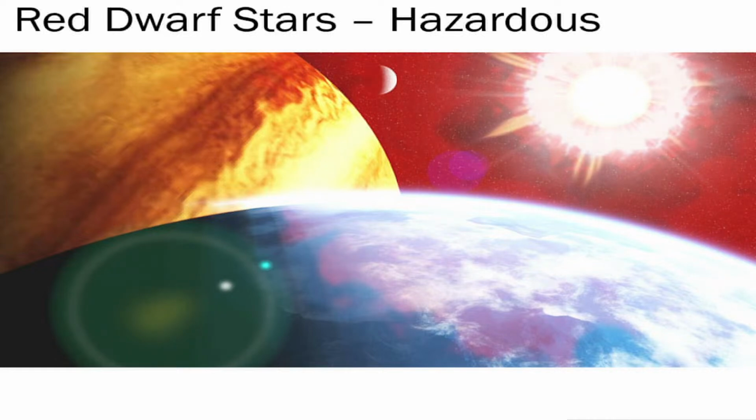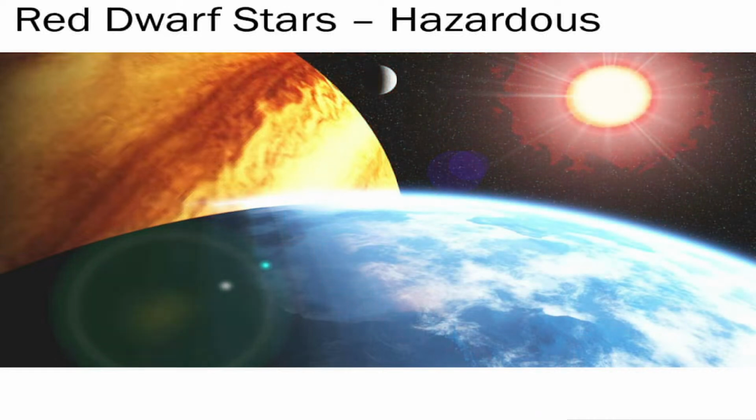And because when a planet is close to its star, it is more likely to be detected by our instruments, one of the consequences of that is we've discovered a lot of planets around what are called red dwarf stars. And red dwarf stars are pretty amazing in their own right.